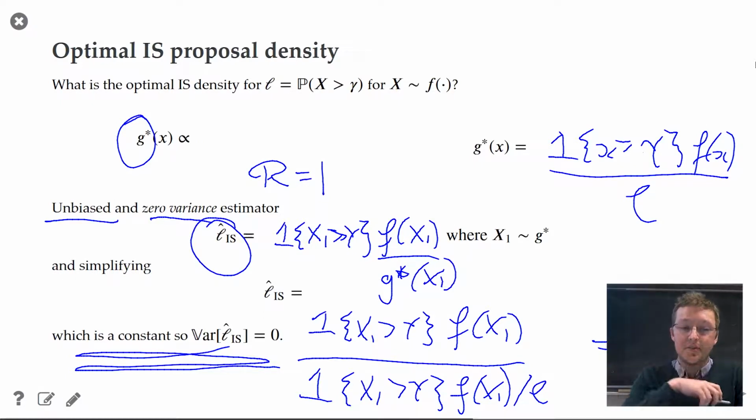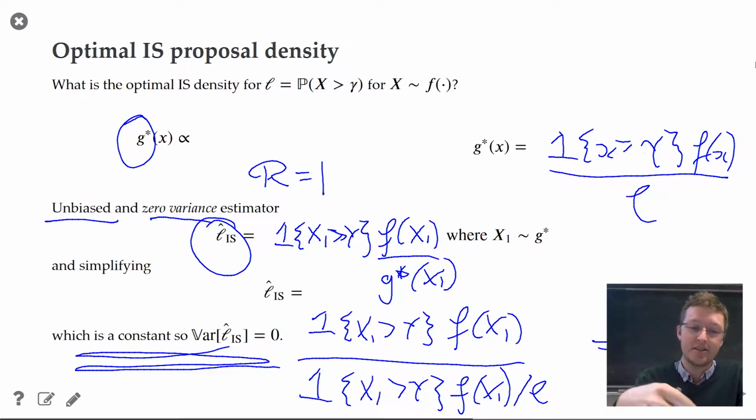So where we stopped off last time was looking at importance sampling and how you choose the density for the proposal distribution. And we saw that you can choose good densities that make life better for you. You can choose bad ones that make things even worse for you than just using crude Monte Carlo.